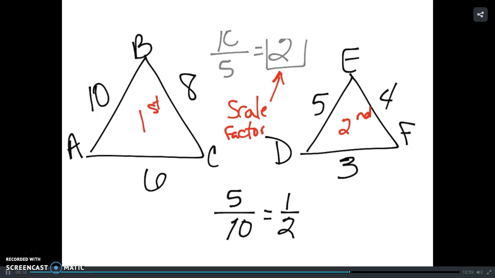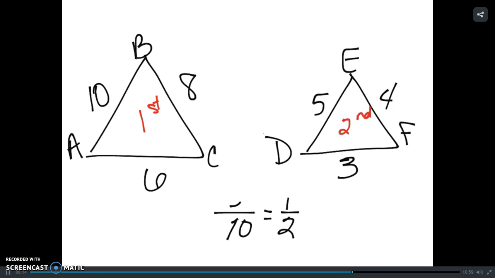Another thing that should be true if you have 2 similar polygons is that it doesn't actually matter which side we picked as long as we are comparing corresponding parts. Remember we had A, B, and C here, and D, E, and F over here, as our angles. We were comparing 10 and 5, which is between the angle with 1 tick mark and the angle with 2 tick marks.